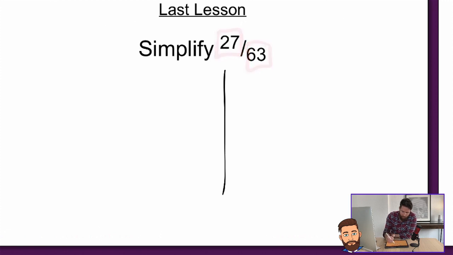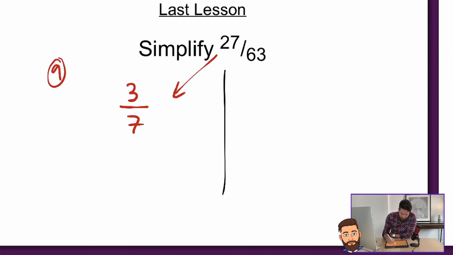So if we went for the biggest number, we would see that 9 goes into 27 and 63. 9 goes into 27 3 times, and it goes into 63 7 times. So the answer to that question is 3 over 7. Using 9 as your common factor will get you the answer straight away.